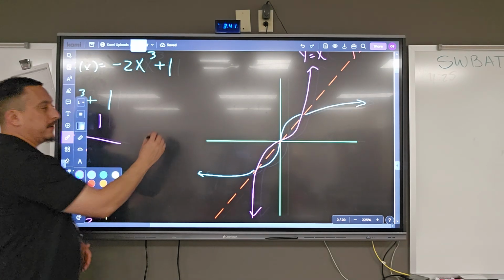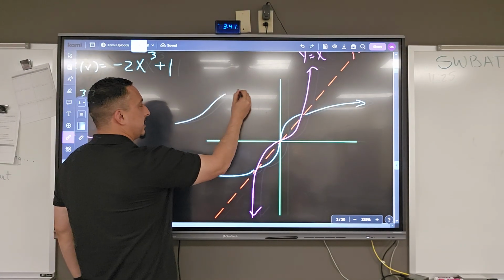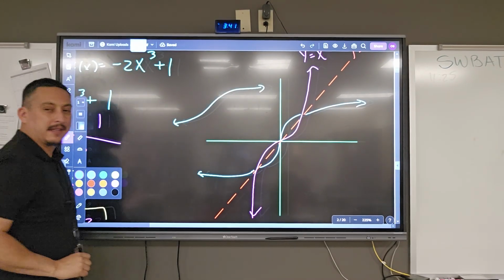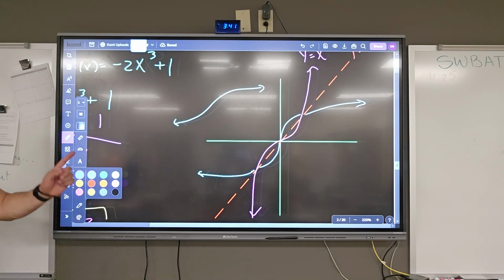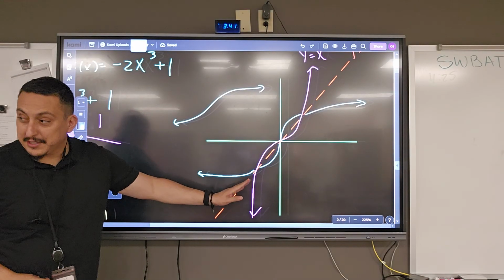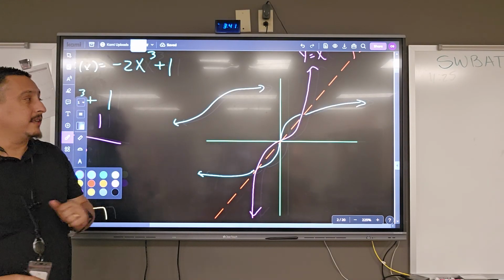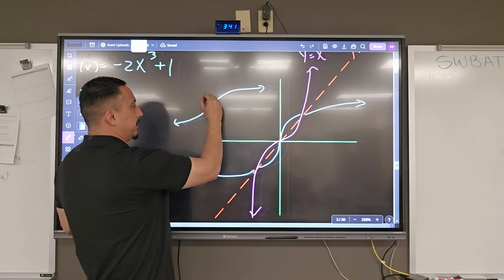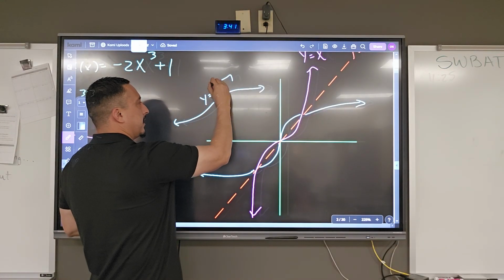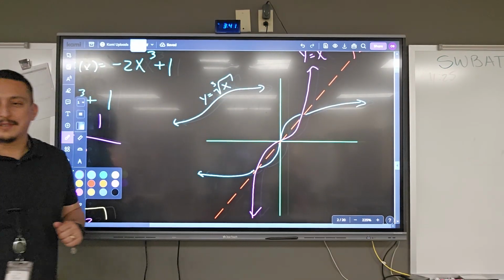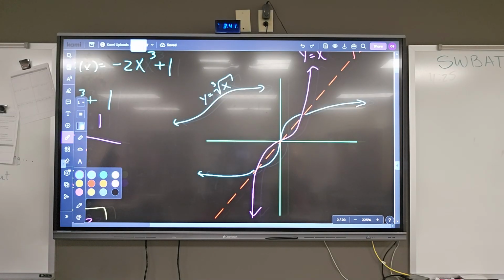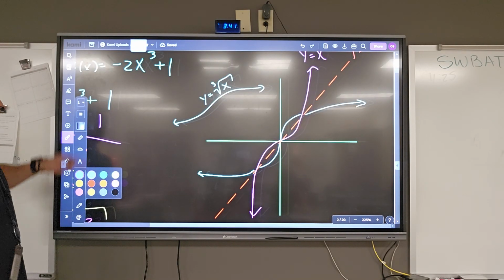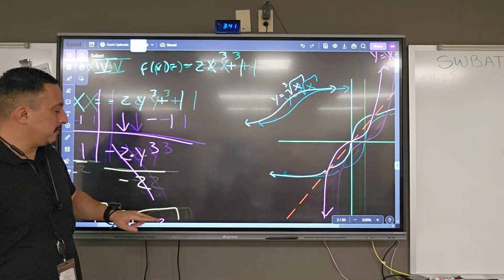So if you do something similar to that, that's the reflection of that one. This one is the cubic function, which this guy did. We have not done the cube root. This is the parent cube root function. So they're inverse of each other, so they're opposites of each other. Okay. All right, let's go to part 2.